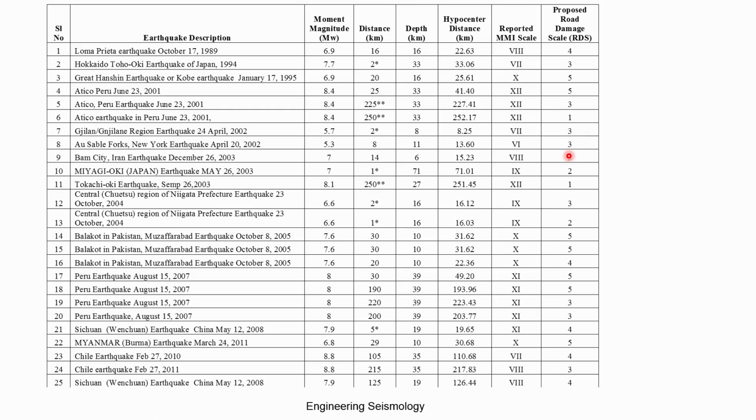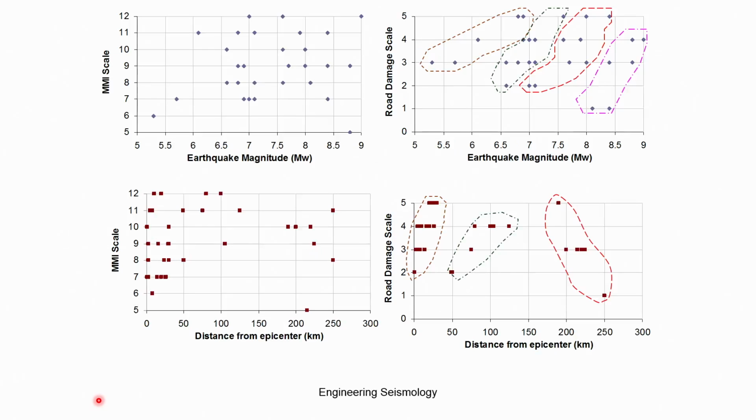After assigning this, we did some statistical analysis to see how the previously reported MMI scale for the road goes with the magnitude and distance, and how the new scale goes with the magnitude and distance. This is basically the graph of the MMI scale with respect to the moment earthquake magnitude.